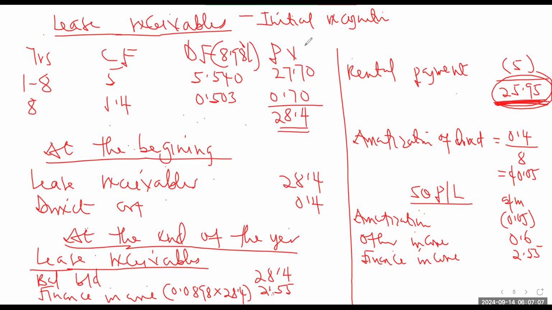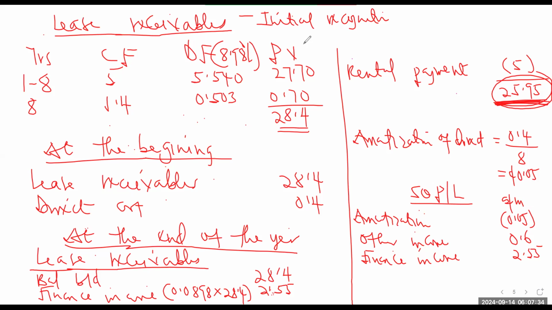But for the 17, we have been using the actuarial method to calculate the lease, and also the sum of digits method to calculate the finance income and also the interest. But the sum of digits method is no longer here. We are now using the actuarial method, where you have to find the present value of everything.